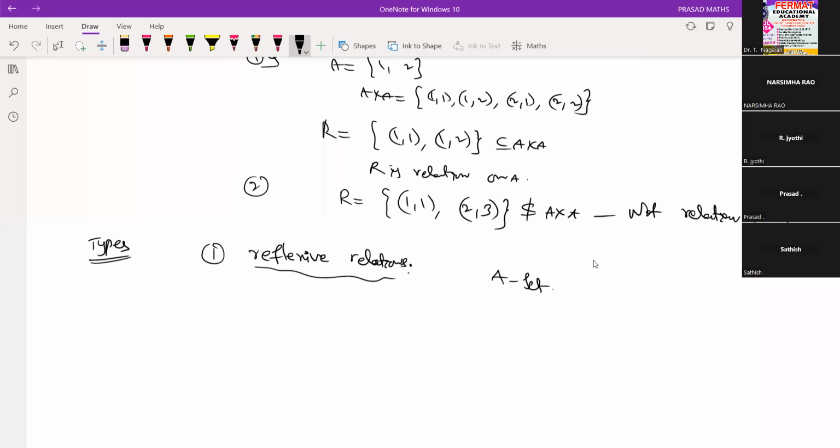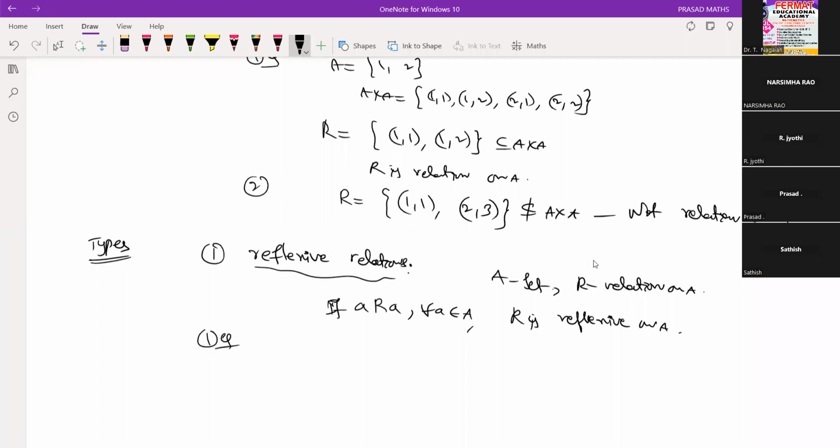Any element that is related to itself. If that happens, we say that R is reflexive. R is a relation on a set A, and if every element is related to itself, one can say that R is reflexive on A.